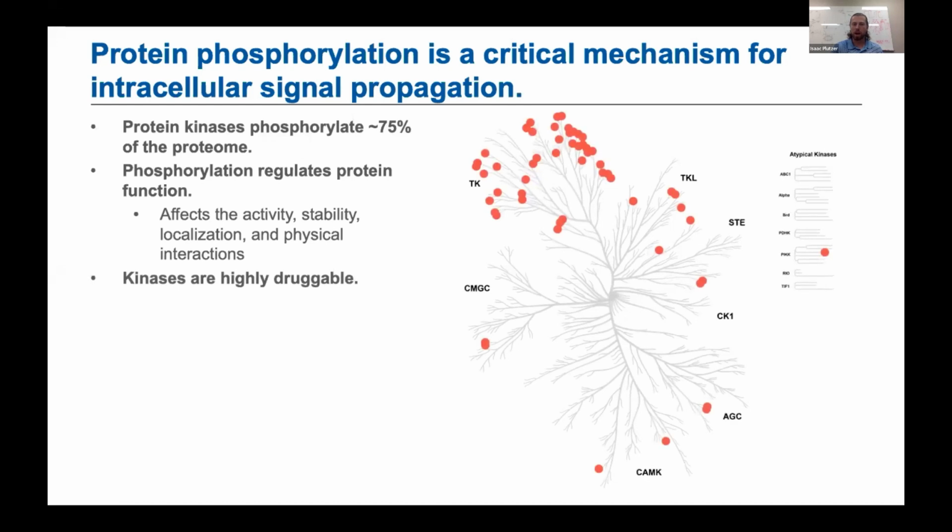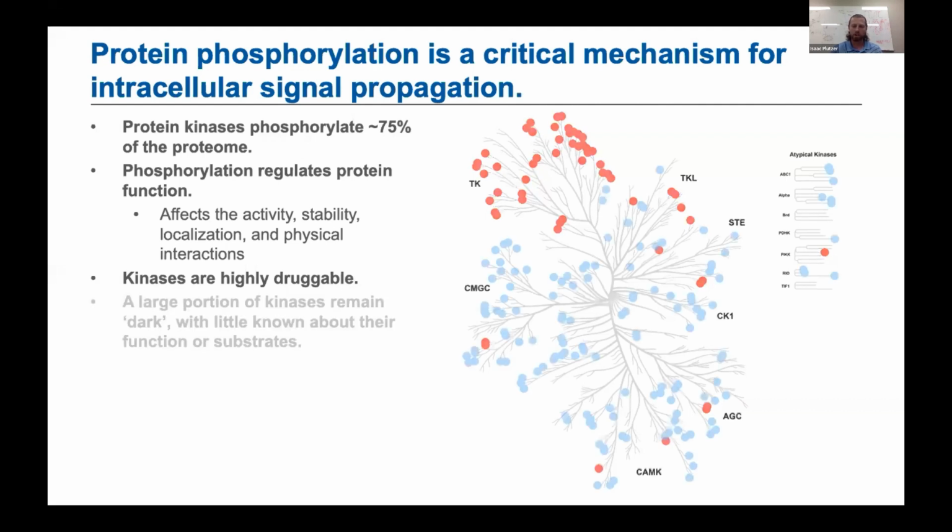Phosphorylation is carried out by a family of proteins known as the kinases, which we say are highly druggable because they require binding of ATP in order to function, and that can be very effectively inhibited by blocking the ATP binding site. In this kinome tree on the right, I'm showing in red kinases that have FDA-approved selective small molecule inhibitors that are being used to treat a variety of diseases.